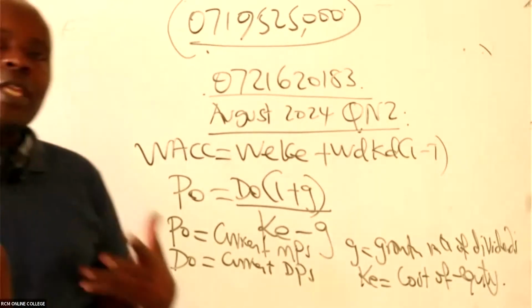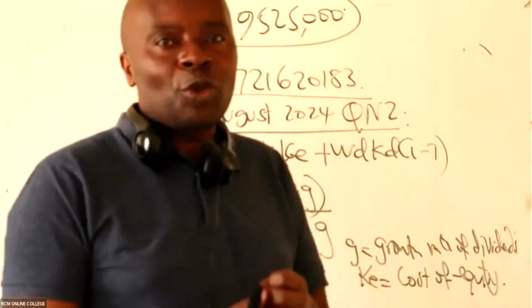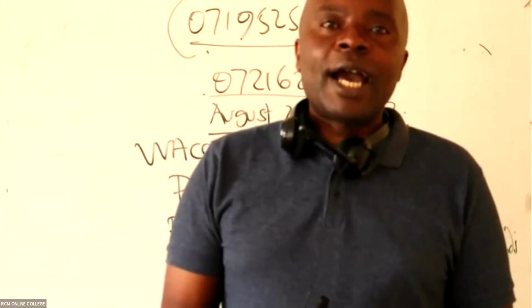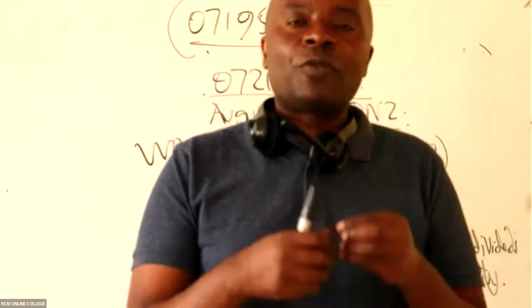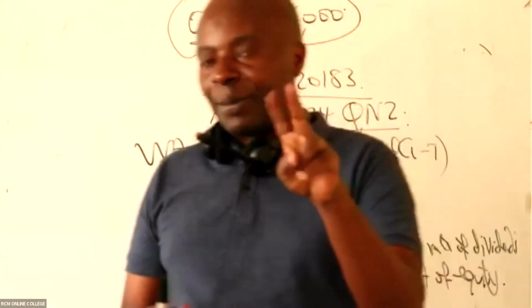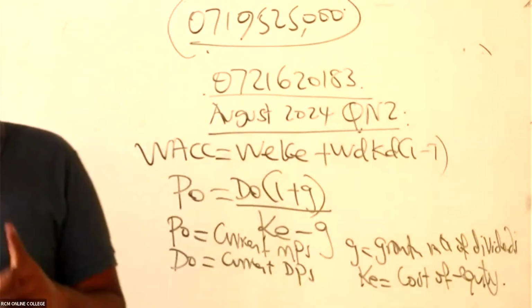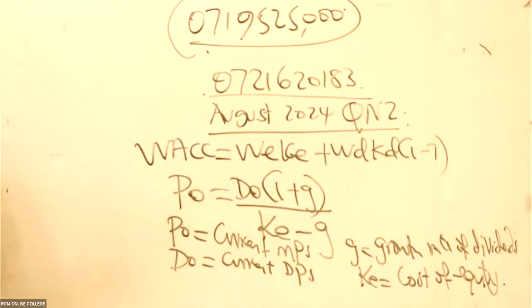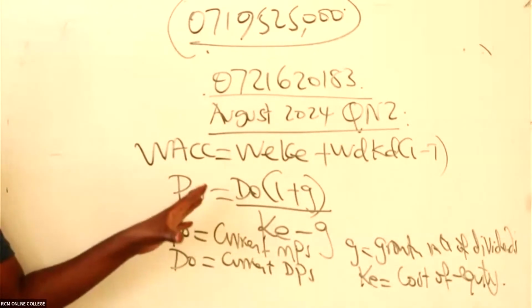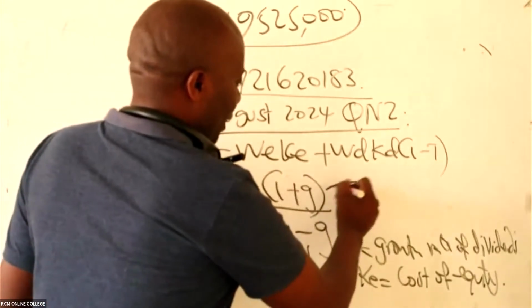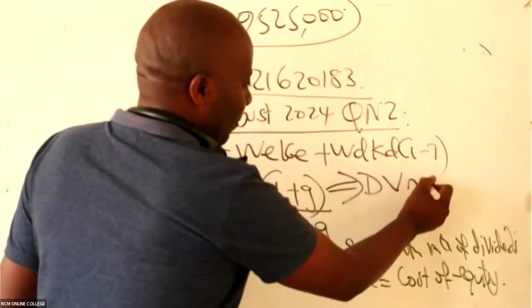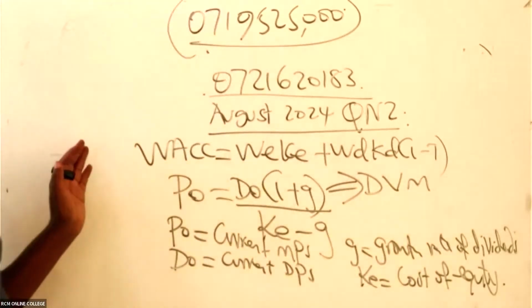So you see now, they are talking about the valuation of a share, and we need the cost of equity. We have two formulas that can help us get the cost of equity. But first, before I go to the cost of equity formula, have you been able to see this? DVM, the dividend valuation model.